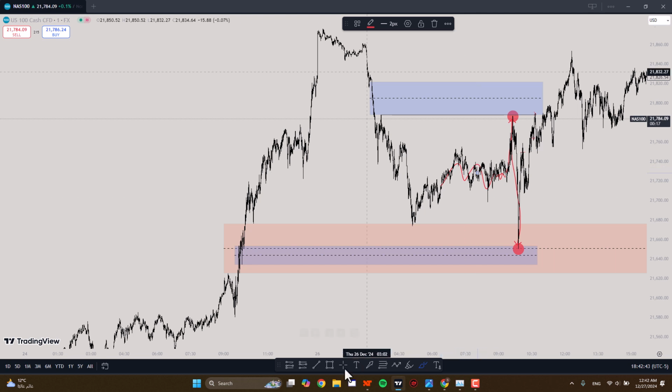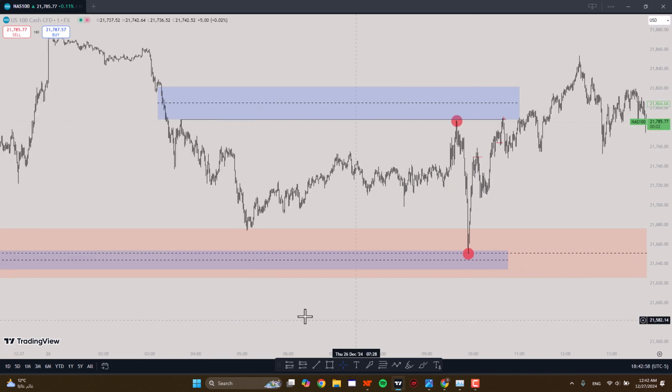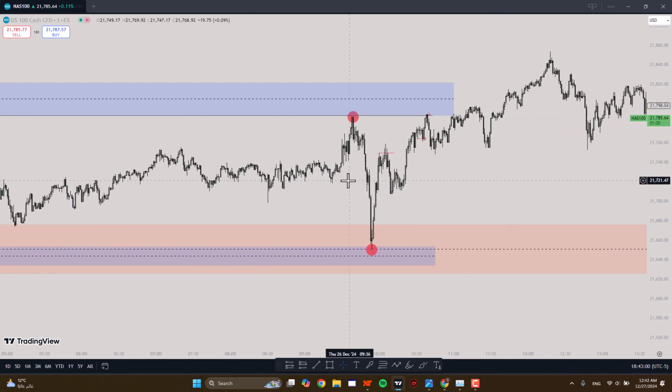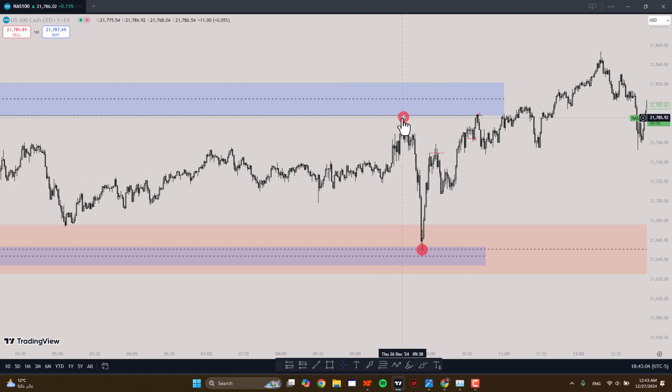So let's remove these lines first, and let's mark the highs and the lows. Before 10:30 or after 9:30, okay, the equity open, we have this obvious high and this obvious low. We mark them out, all right? That's the second item on our checklist.